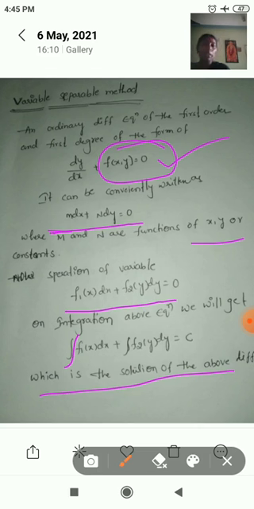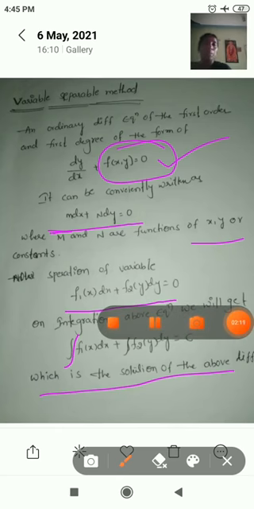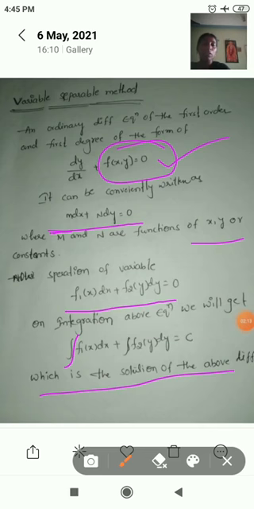Then we integrate the above equation: integration of f1(x) dx plus integration of f2(y) dy equals a constant. Using this variable separation method we can solve differential equations.